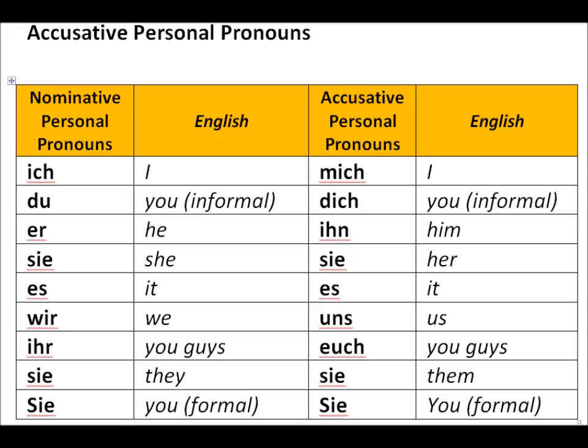And then the accusative personal pronouns are mich, which is also I in English, dich, which is you, informal, ihn is him in English, sie is her, es is it, uns is us, euch is you guys, sie is them, and Sie is you, formal. Okay?